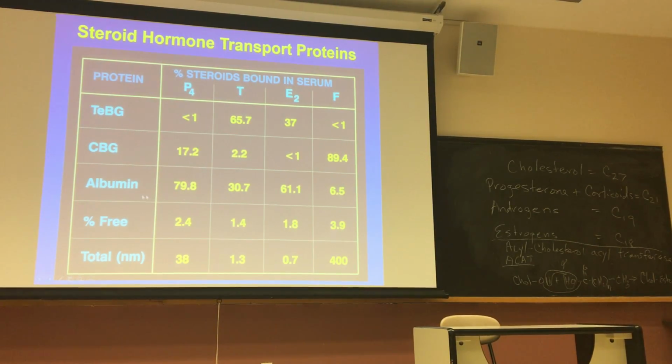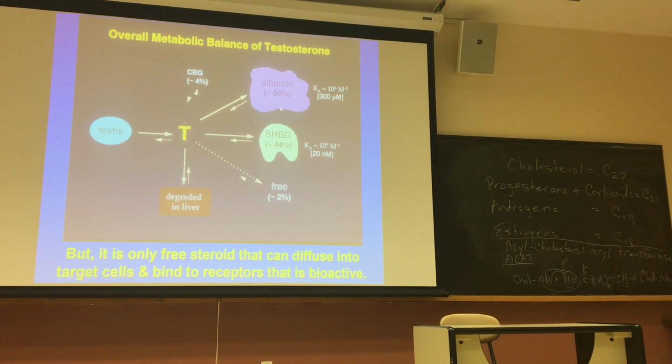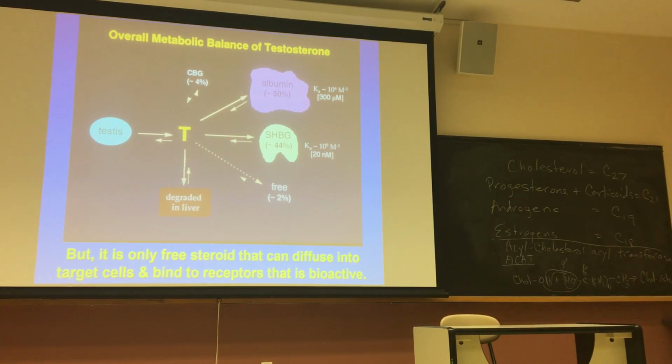Notice that cortisol doesn't bind very well to albumin, but it has CBG that ties up most of it. The sex steroids all bind pretty well to albumin. So a picture of this shows you testosterone from the testis, particularly from Leydig cells, binding in various amounts to the binding proteins or free in circulation. The other thing that happens is that this is constantly being drained off and degraded in the liver.